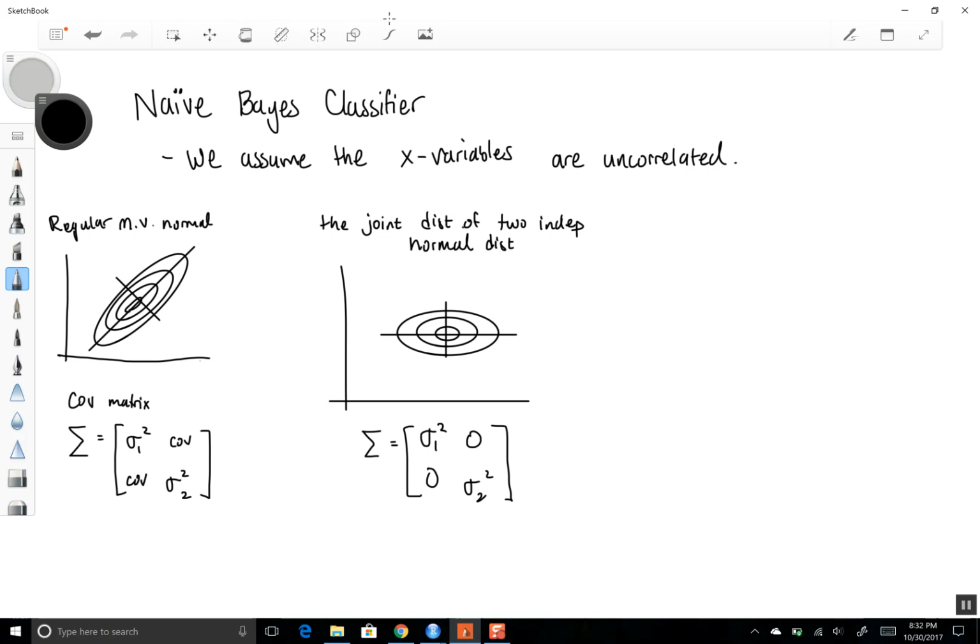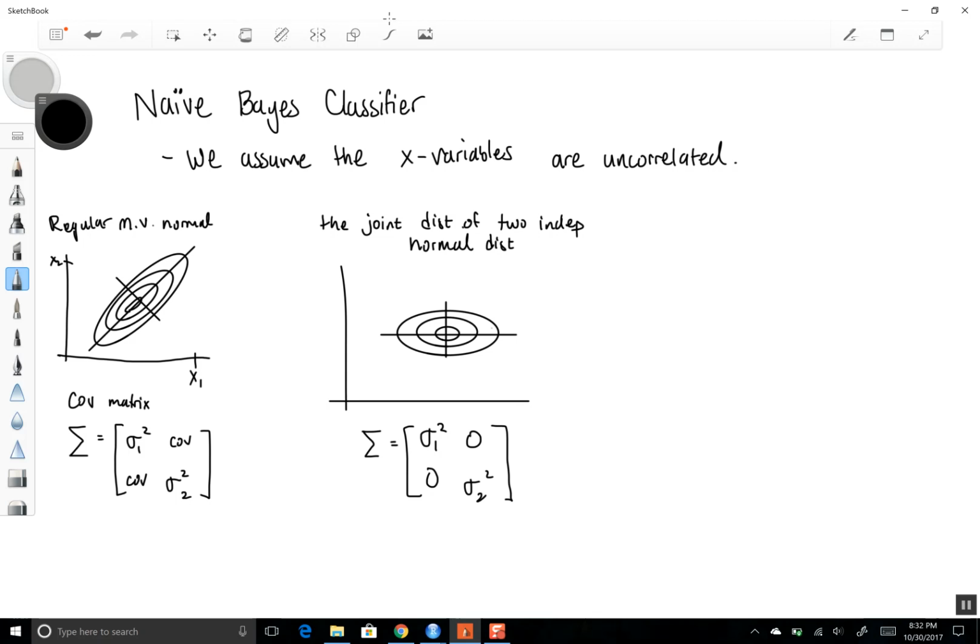Because with the multivariate normal here, if I told you that x1 was large, this would inform you that the other variable x2 is most likely to be large as well. You would be surprised if x1 was large and x2 happened to be small. Over here, there's no covariance, so if I tell you x1 is large, that doesn't help you at all regarding x2.